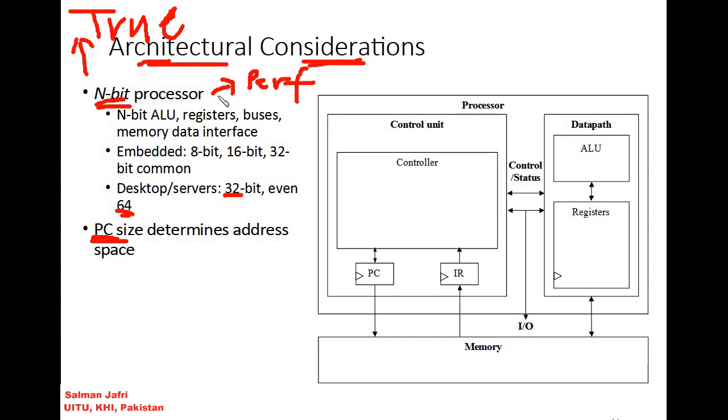If you want to have a higher performance system, you increase the value of n. You move from true 32-bit to true 64-bit, so you'll have a lot of performance. If you move from true 64-bit to true 128-bit, you're going to have more performance. But this, on the other hand, affects the complexity of the systems you can make.